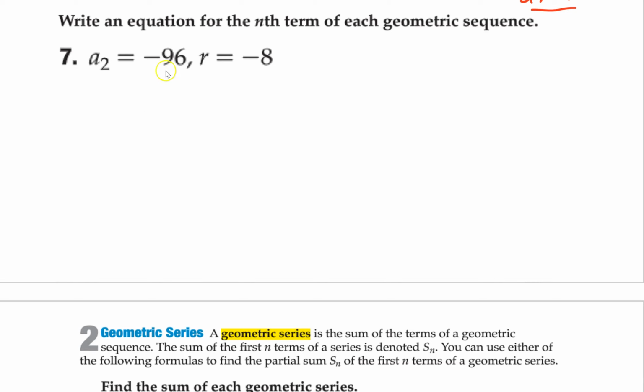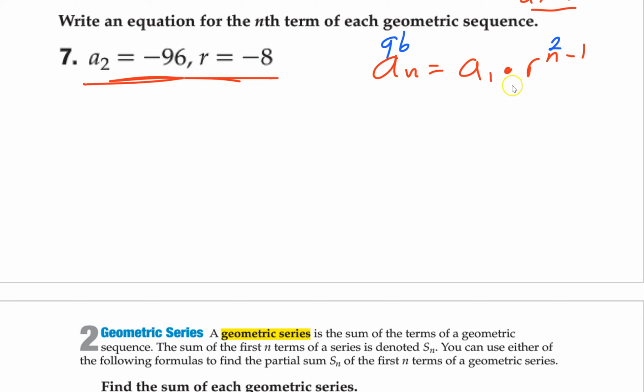Here's another one, same idea. Notice I have A2 and I have R. I don't have A1, so let's write our formula down. A2 equals negative 96. So again, that means when I plug in 2, I get negative 96. R is negative 8, so this is all negative 8.